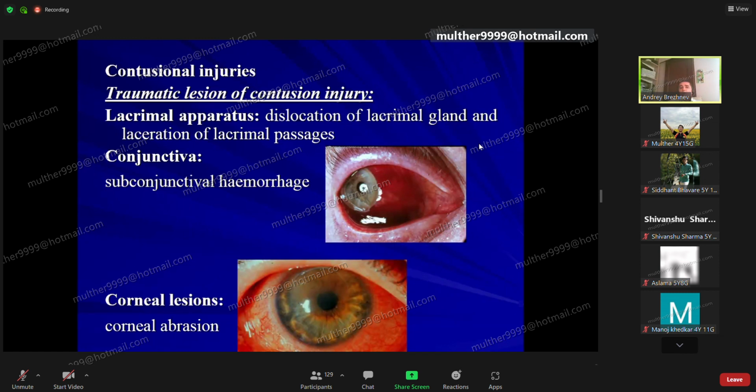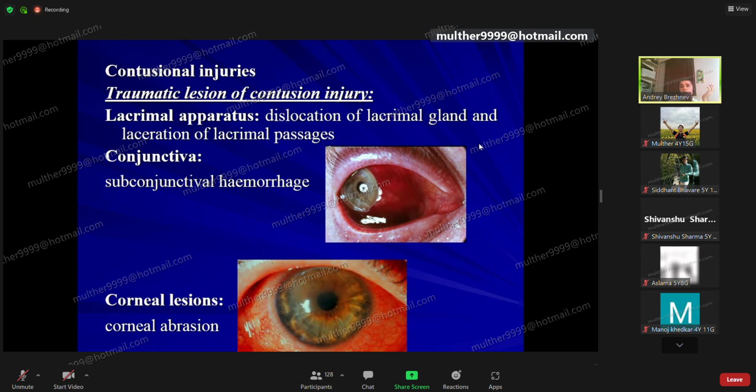If we're talking about the main lacrimal gland, it may be dislocation of the gland, hemorrhages in the structure of the gland, or damage of the gland by fractured bones of the orbital walls.